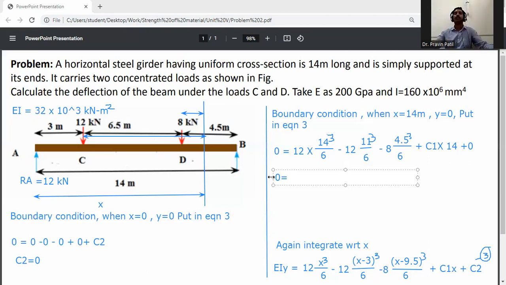So it will be 5488, minus 11 raised to 3 divided by 6 into 12.